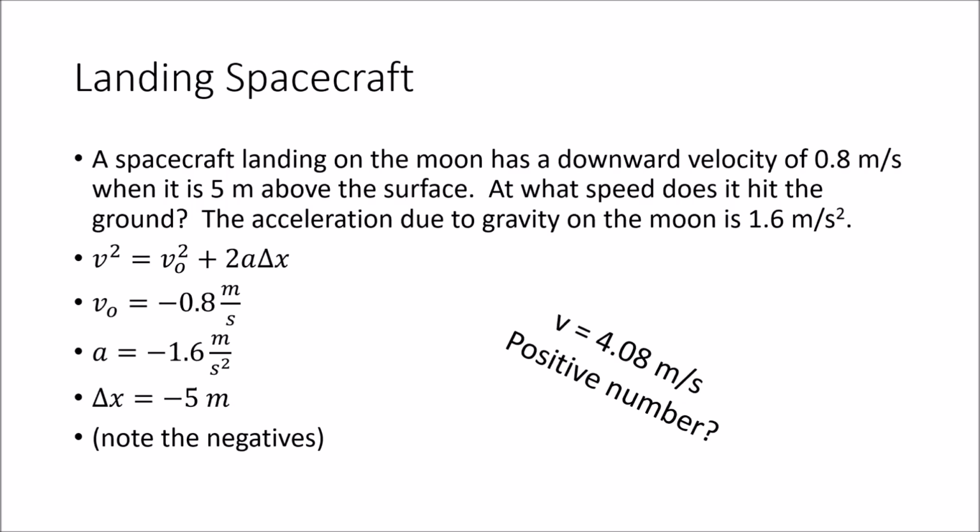We know that the spacecraft is landing, and therefore it's going down, and so the velocity that it's going to hit with should be a downward velocity. We know that when we think about it. Our calculator is going to give us a positive number. In this question, it doesn't really matter at all because it's so obvious. However, in a lot of questions, you should be specifying, oh yeah, this is actually negative because it's going down.